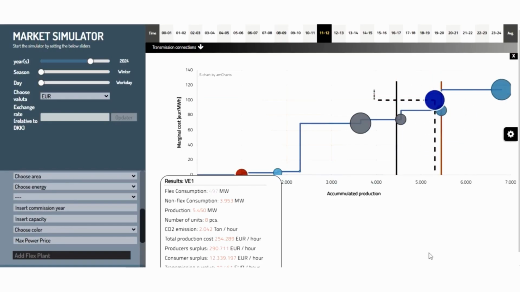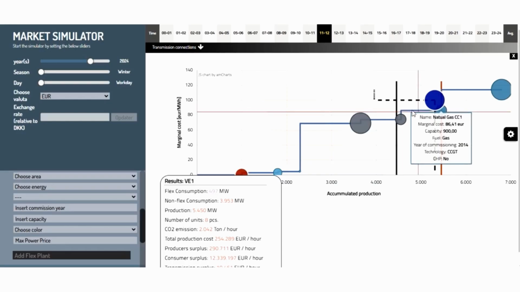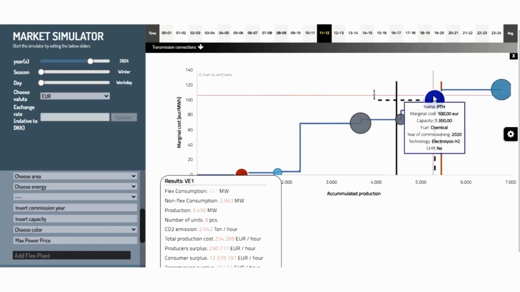What you can also see here is that in V1, all these units here are running at their maximum capacity. This here is the production, and it is this unit here that is part loaded.